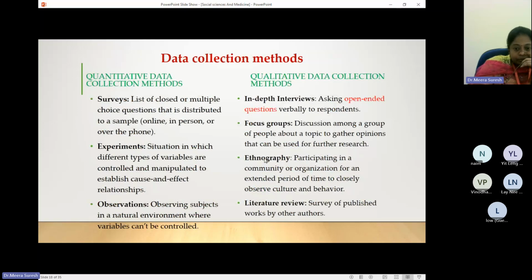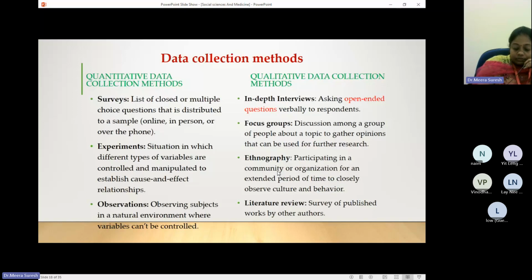Then we have ethnography. Ethnography is like you want to learn about the ethnic features of a particular tribal community. Suppose you want to learn about some tribal community, and then you go and live with that tribal community for 2 months or 1 month, whatever. So that is the type of study where you're not just observing, you're living with them.